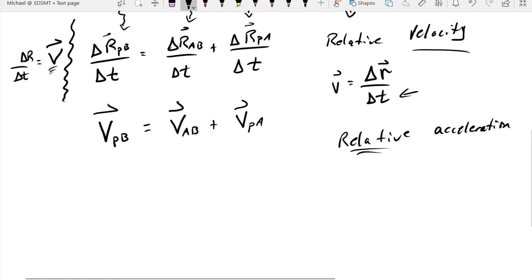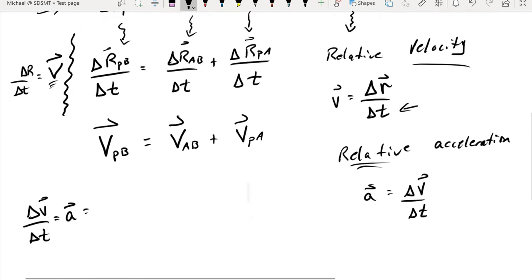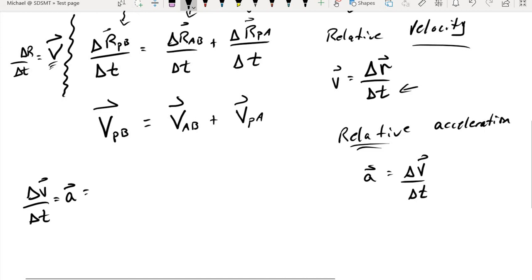But so our definition of acceleration is a change in velocity with respect to time. So just like we did for the velocities, we're going to look at how these velocities change with respect to time. And so just like the changing position, every one of these terms can have a changing value.